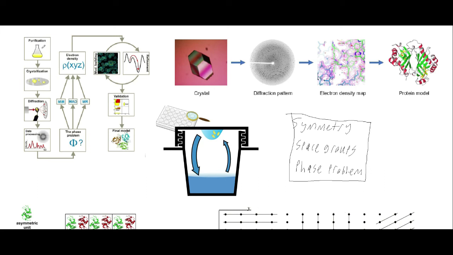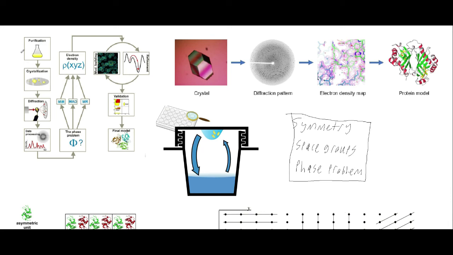I'm not going to go too much into protein purification. That's a whole subject unto itself. There are multiple ways for protein purification, and it depends on the protein that you're trying to purify and its various chemical and physical properties. So let's just say that we have been able to purify our protein.